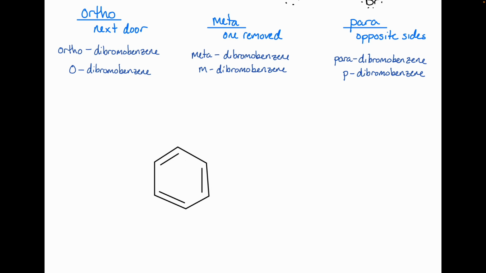All right, so again, just to be clear, wherever this first thing is, if the next substituent is located right next door, this is what we call the ortho positions. If it's one removed, this is what we call the meta positions. And if it's on the exact opposite side of the ring, this is the para position.